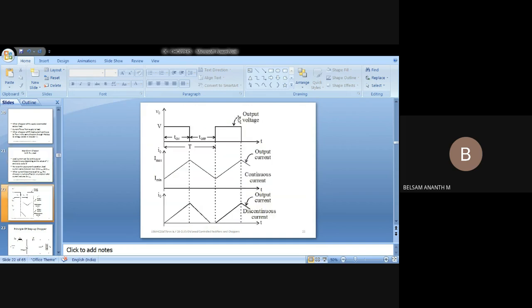This is how the waveform looks, the output voltage with the on time and off time, or the total time period T. The third waveform speaks about the discontinuous current at the output, coming back to the minimum and the maximum.